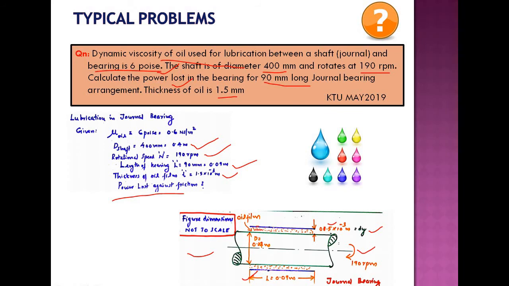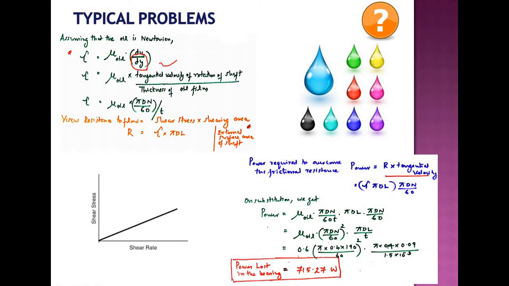The bearing layer is stationary, so the only velocity is the tangential velocity of the journal. You can estimate the tangential velocity of rotation of the journal as pi dn by 60, where n is the rotational rpm and d is the diameter of the journal, which is also given. So you can write mu of oil into pi dn by 60, that is the tangential velocity, divided by thickness of oil film, that is t.